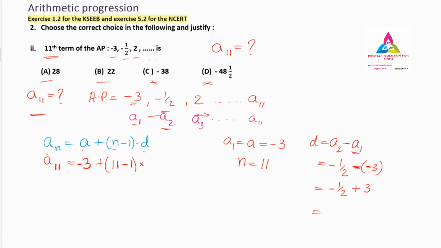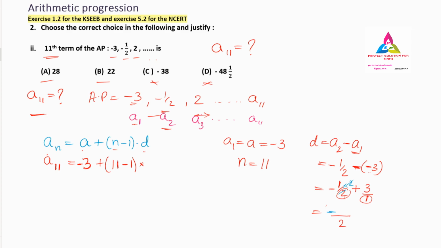When you get it like this, below the 3 you can take 1. Here we have 2, here we have 1. So what is the LCM? We have to find the LCM. Now 1 into LCM is obviously 2. The LCM is 2; multiply it over here, so the 2 gets cancelled.